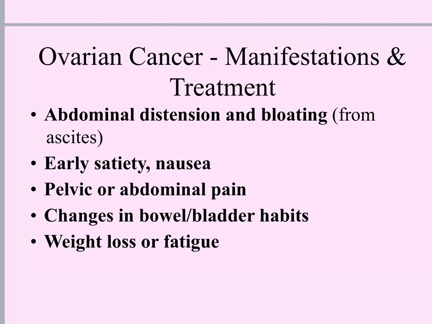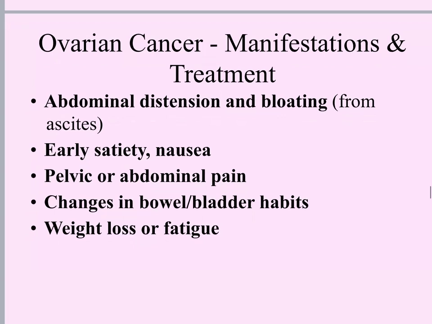A lot of females experience abdominal distension and bloating just from eating a high salt diet, and as a regular part of a menstrual cycle. Women tend to retain a little water during their menstrual period. Early satiety, which is a big one, is feeling full pretty soon, and nausea.